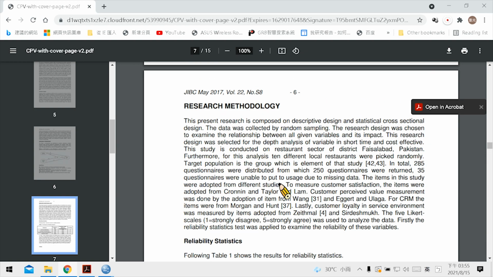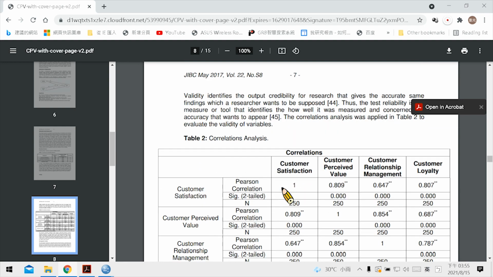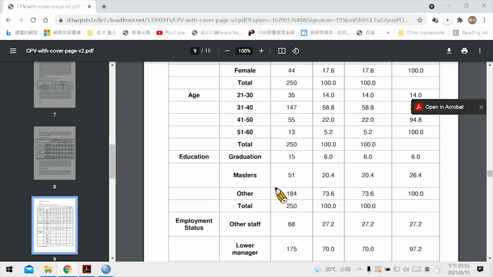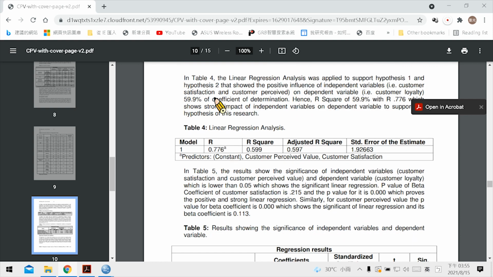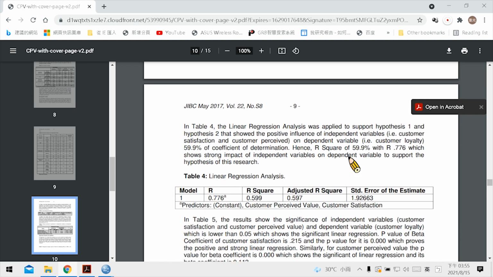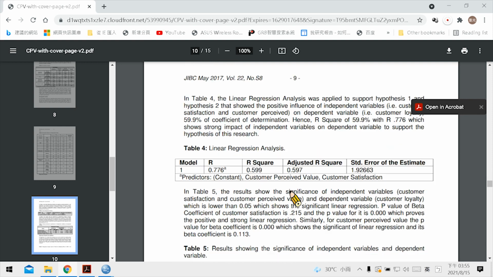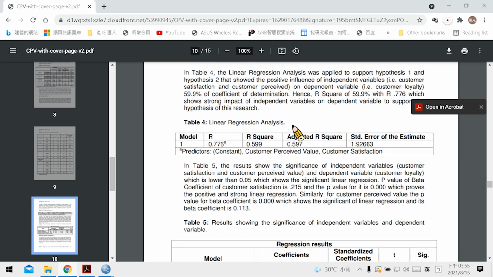And this is the factor analysis, reliability, correlation, and descriptive statistics, and this is a linear regression. You can see the R square, 59.9%.